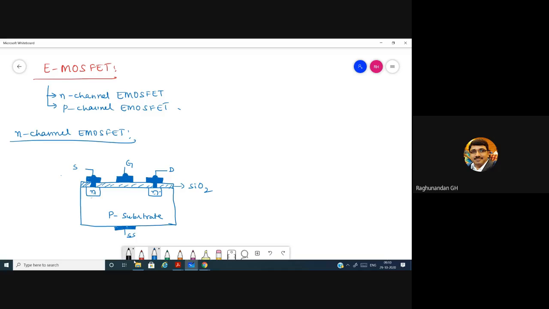That's why we are first going to bias the gate voltage in such a way that the electrons present in the P substrate are attracted. Are electrons present in the P substrate?